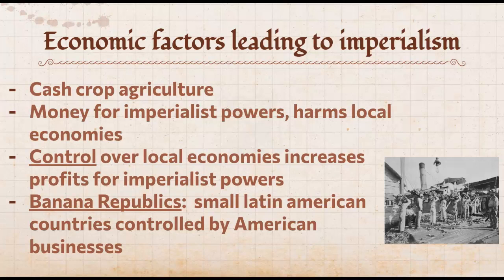These are small Latin American countries that are going to be controlled by American businesses, specifically like fruit farms, fruit plantations. And this right here is a picture of a banana republic. I believe this one is in Venezuela, I believe. I could be wrong on that one.